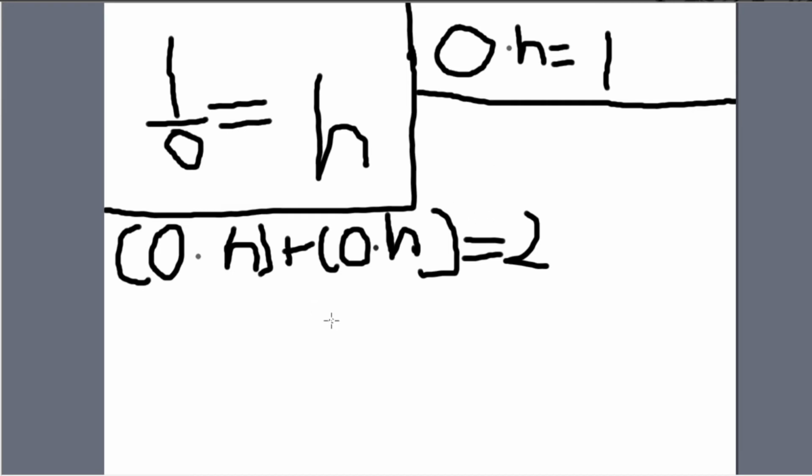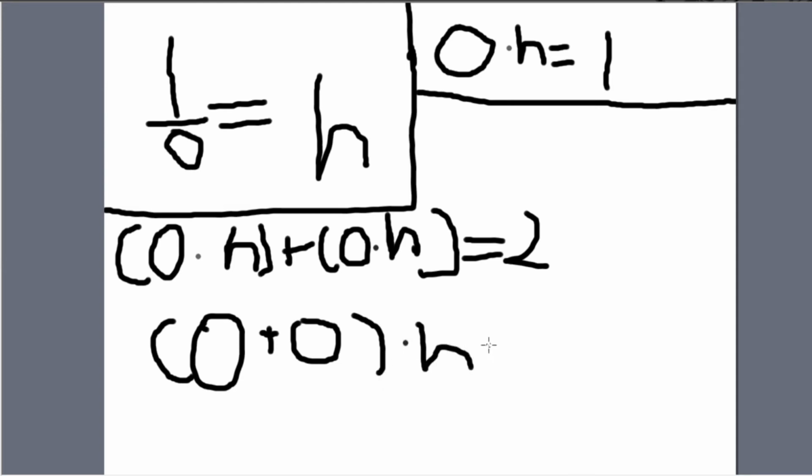What we can do now is, because of the distributive property, we can say that (0 plus 0) times h equals 2. Alright, but 0 plus 0 is just 0. So I'm gonna stop drawing the dot now and just put them right next to each other, but 0h equals 2.